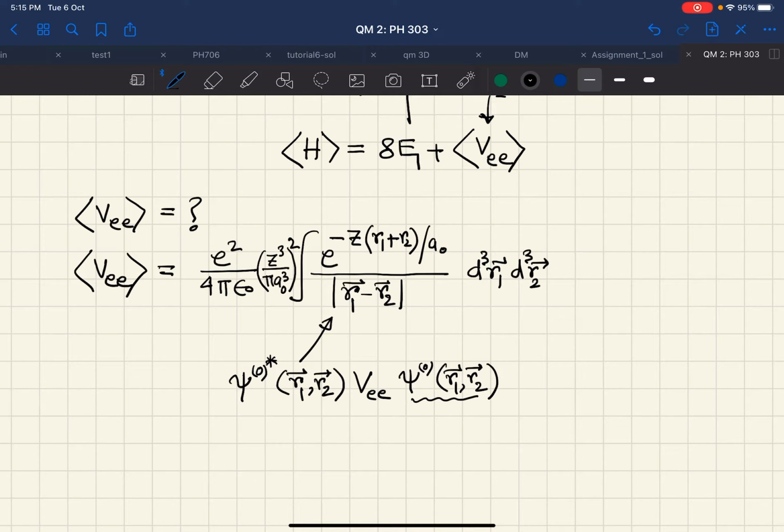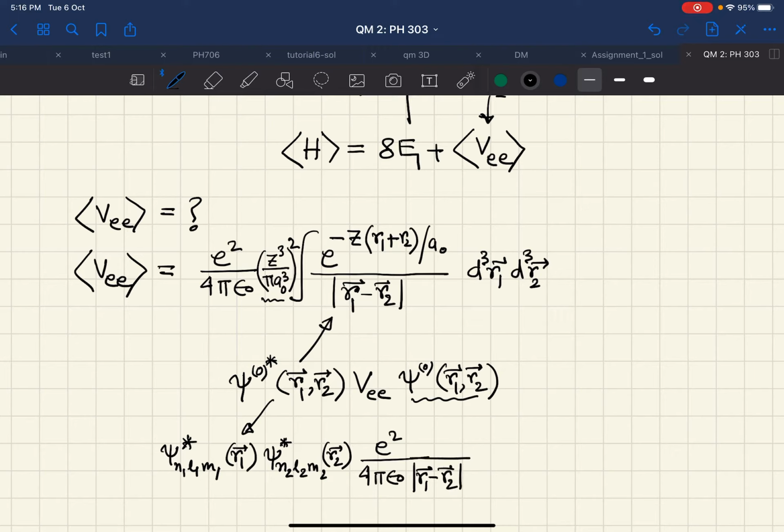Now you will say, why is there this Z cube by pi a0 cube whole square there? Because what is this psi 0 r1 r2? This psi 0 r1 r2 is nothing but psi n1 l1 m1 star r1 into psi n2 l2 m2 r2, and VEE is nothing but e square by 4 pi epsilon naught mod r1 minus r2.